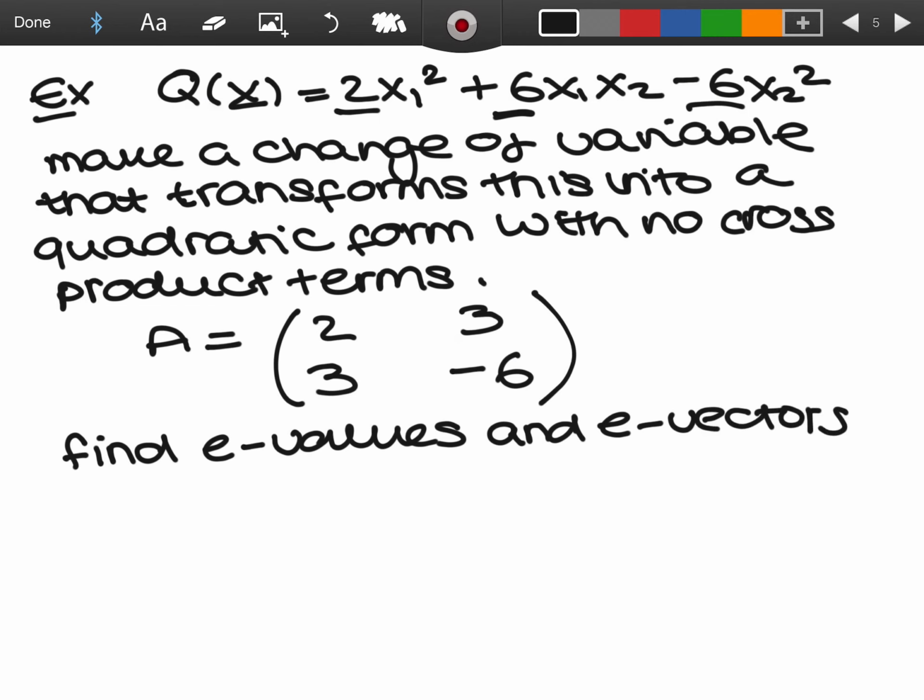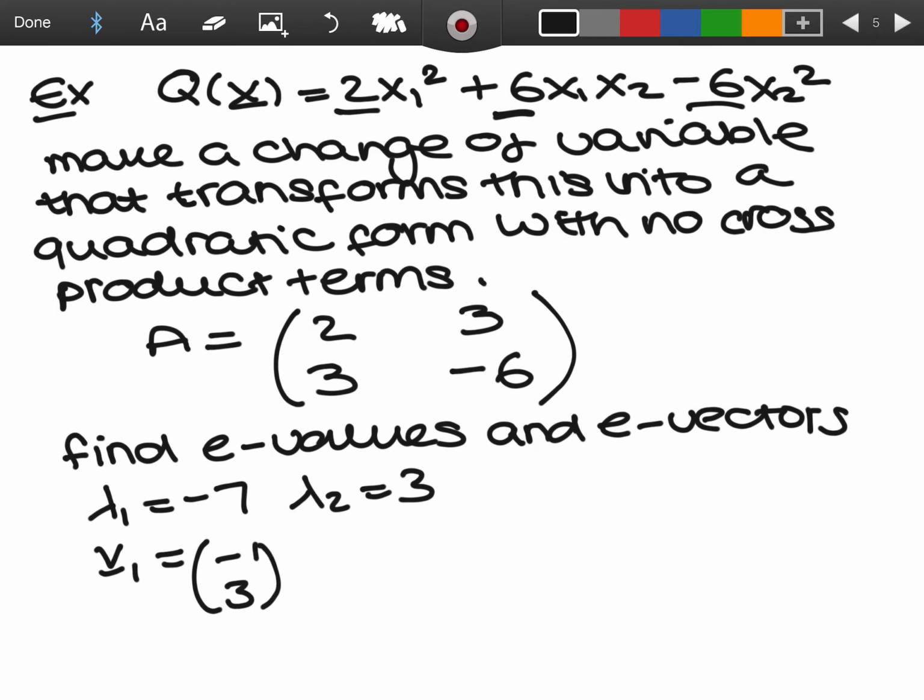Your two eigenvalues are -7 and 3, and the corresponding eigenvectors are (-1, 3) and (3, 1). Now, we've got a symmetric matrix with distinct eigenvalues. We know that the eigenspaces that correspond to distinct eigenvalues are already orthogonal to one another, so the dot product of these two vectors is already 0. What we really want is for them to be orthonormal.